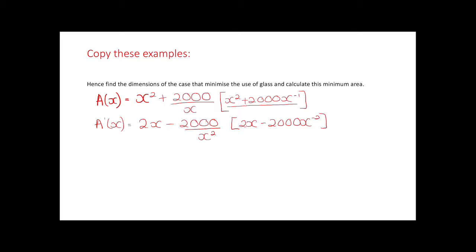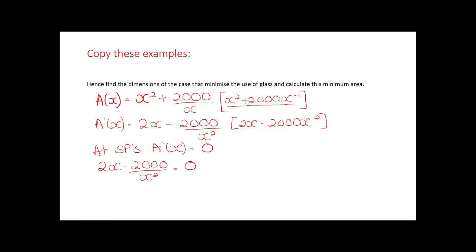Now, it's always nicest to put your x's back in your denominator to get rid of the negative powers, because remember, your next step is now A dashed x, in this case, is going to be equal to 0. So we can set 2x minus 2000 over x squared equal to 0.